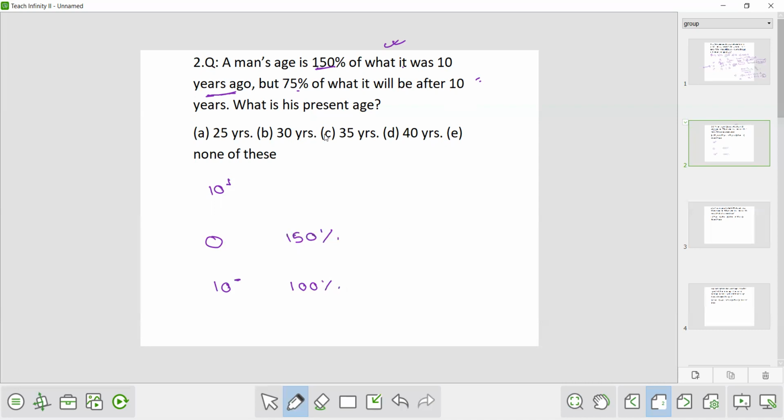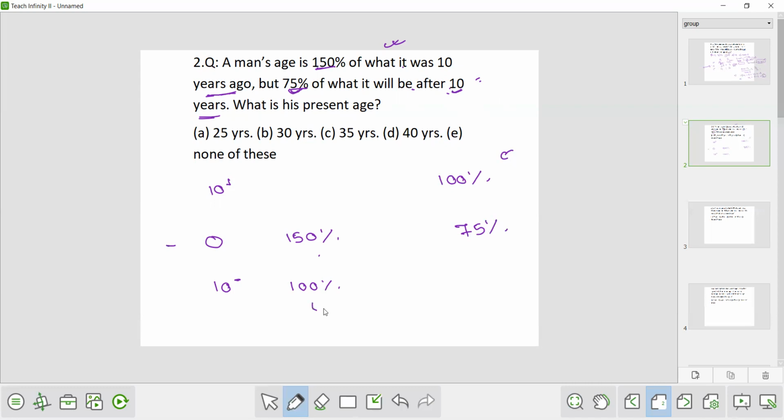And by the other equation, the present age is 75% of what it will be after 10 years. So after 10 years, if this is 100%, then present is 75%.